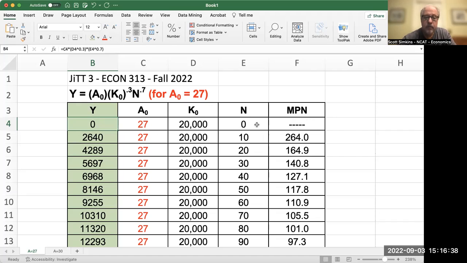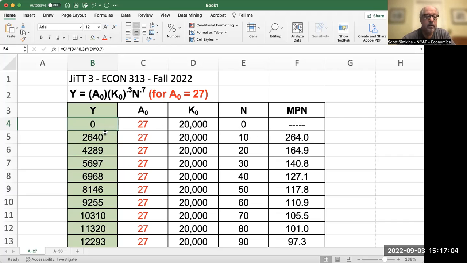But if N goes from 0 to 10, then output goes from 0 to 2,640. So the change in Y is 2,640. The change in N is 10, so it's 2,640 divided by 10, or 264. And you do the same thing for every one of these. I've made it easy because the change in N is 10 in every case.